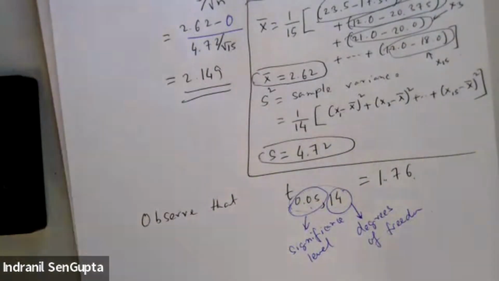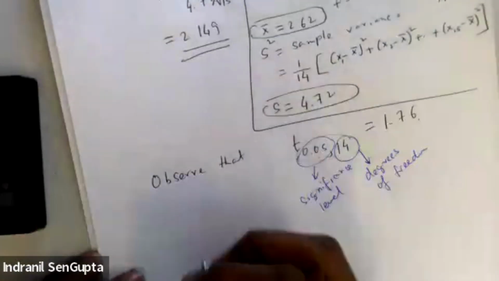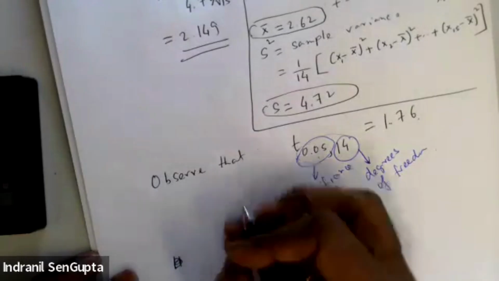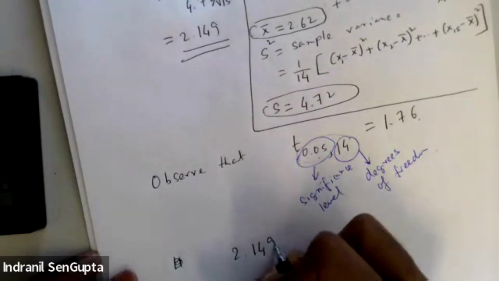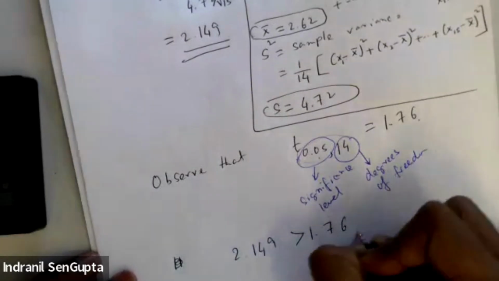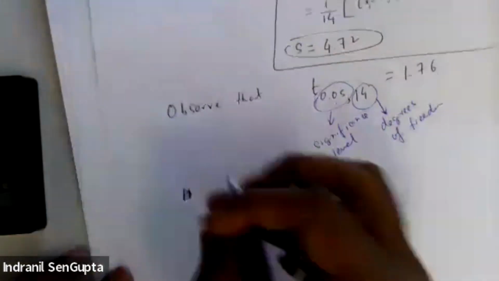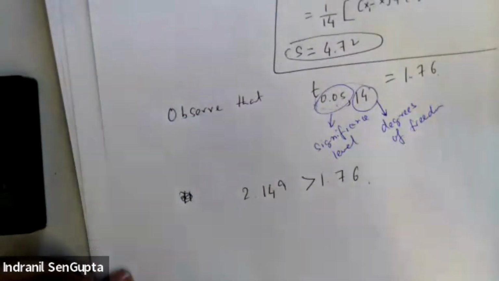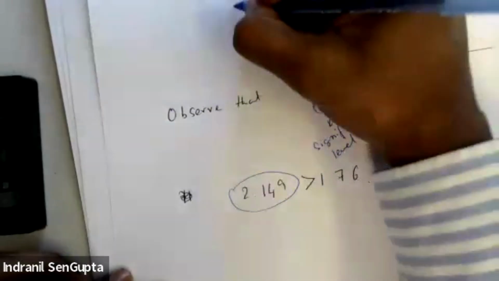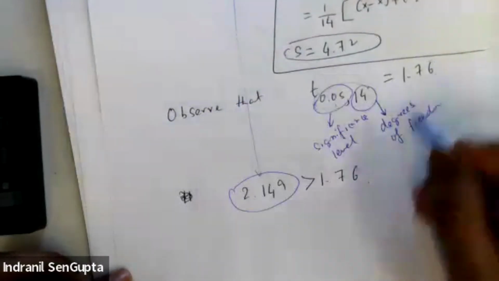So what do you conclude? 2.149 is of course bigger than 1.76. So this is the value that we computed right here, and this is the critical value at the significance level.